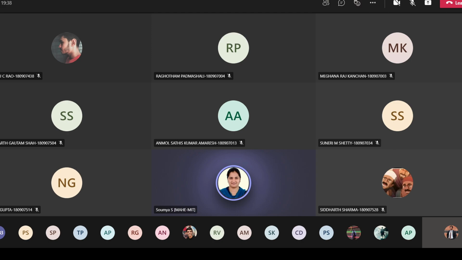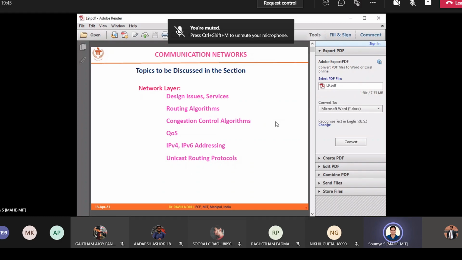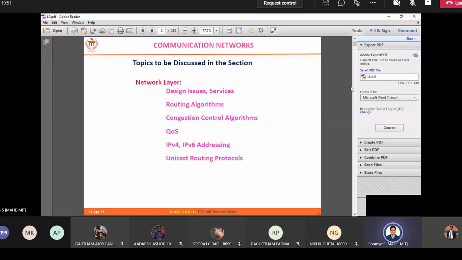Okay, now this is the document given by RD sir himself. So it is his document which I will be sharing. I hope you are all able to see this. Are you all able to see my screen? Yes, ma'am.